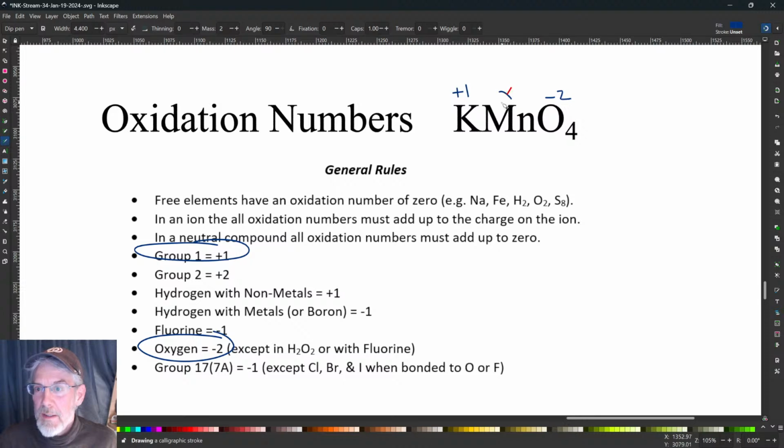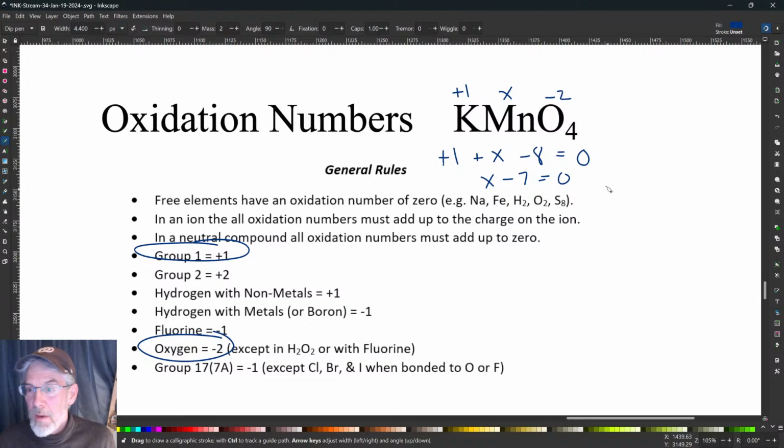I'm just going to call that X. So I could say +1 plus X, 4 times -2 is -8, equals 0, because it's neutral. And then X minus 7 equals 0. And like Pavel was telling us, X equals +7. So that's a good way to figure that out. You might not need to do all this. You might just be able to look at it.